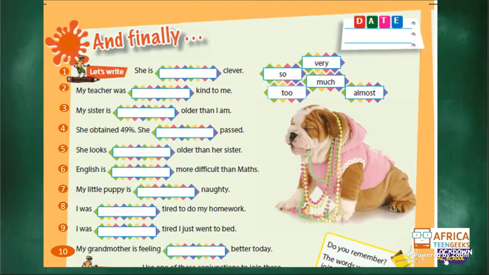Good, good. Number 7, My little puppy is very naughty. Good, good. Number 8. I was almost tired to do my homework. No, not almost. Try a different one.